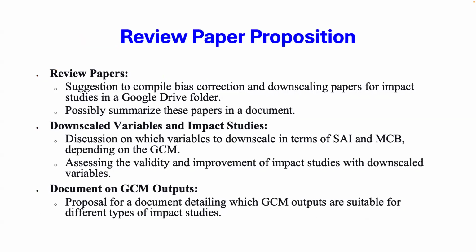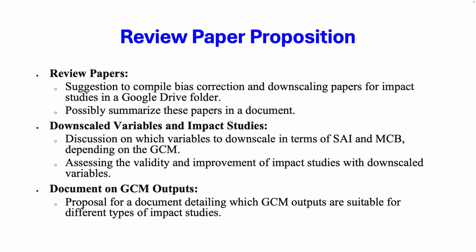So at the end of the day, the proposal is for us to come together as a community. There's a proposal about writing a review paper on bias correction and the downscaling methods that different people have used, so that for the community, maybe some data sets that work, we come with different impact groups, addresses it.